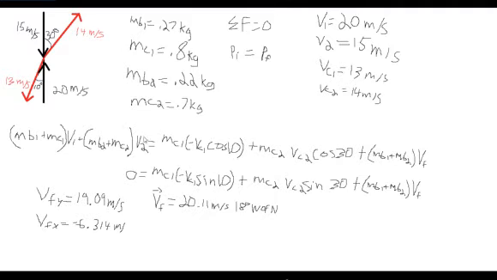So here are our momentums for the y direction. The mass of the first bird plus the mass of the first coconut times the velocity that they're going at, plus the mass of the second bird plus the mass of the second coconut times the velocity of those two, is equal to the mass of coconut 1 times the velocity of coconut 1 times cosine 10 degrees for the y direction, plus the mass of coconut 2 times the velocity of coconut 2 times cosine 30 degrees, plus the mass of bird 1 plus the mass of bird 2 times the final velocity.